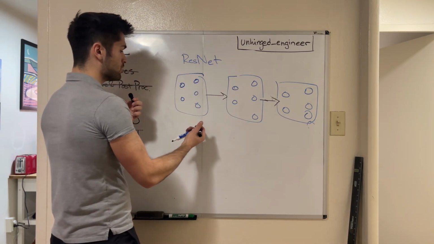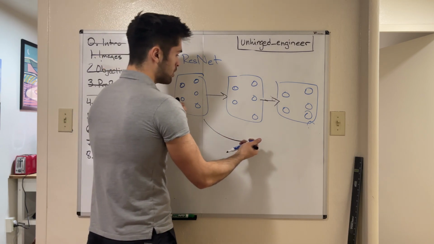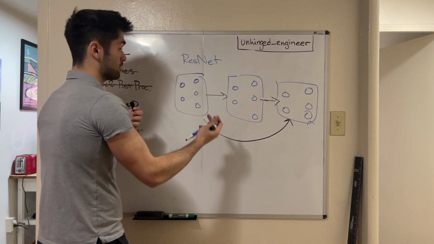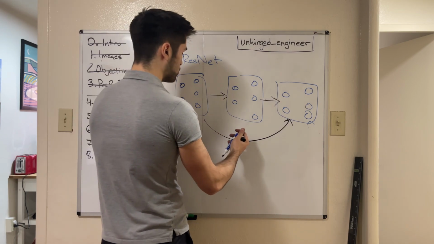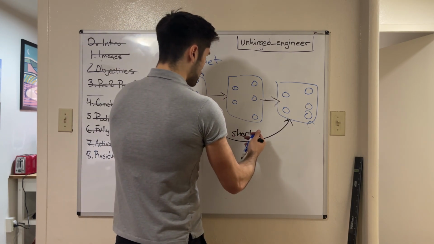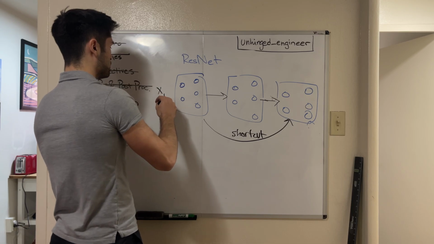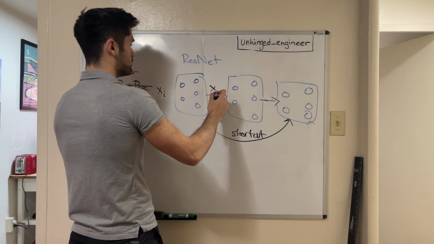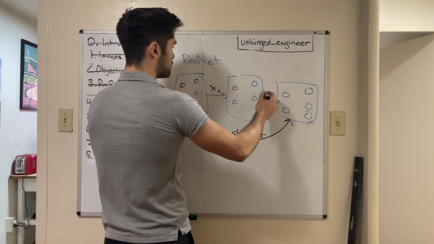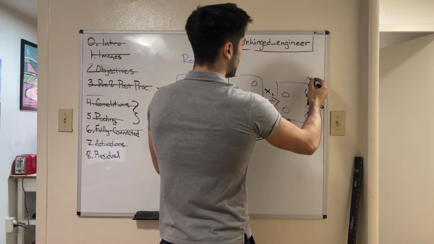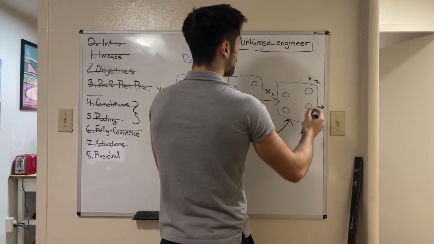What you can do is you can take this output and you can bring it all the way to the back. And this is what's called a shortcut. So let's call this xi for input. This is x0 for the output of the first layer, x1, and let me draw one more, x2.